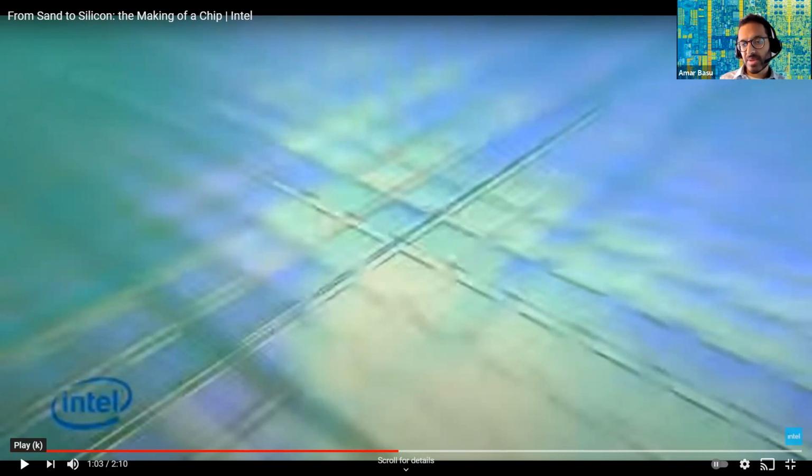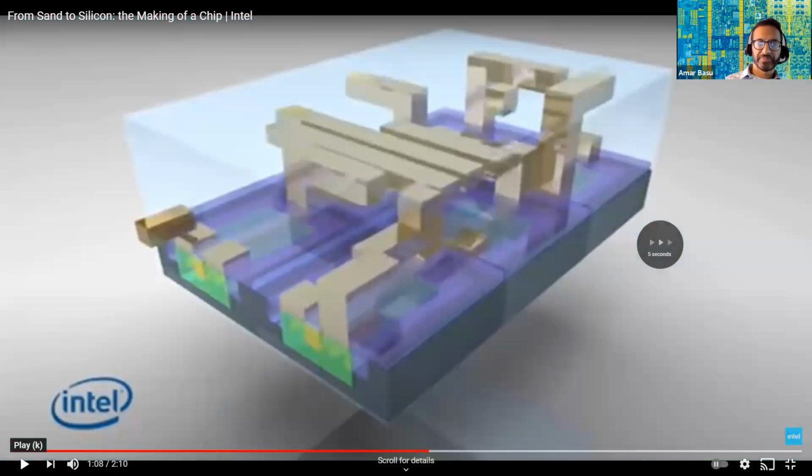So this allows you to create a pattern of chemistry on the surface of these wafers. And it turns out those patterns of chemistry can be translated later into regions where you will have a source and a drain, or you'll have an interconnecting metal or not, and so on.